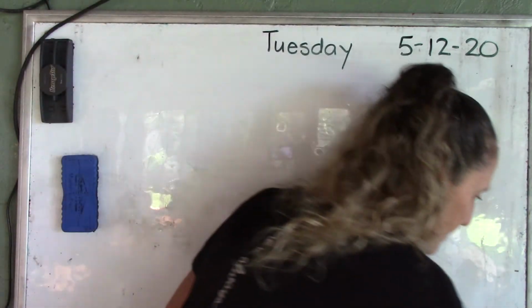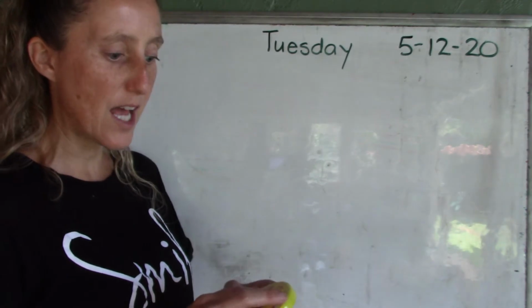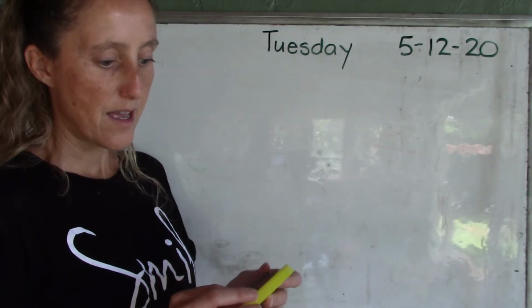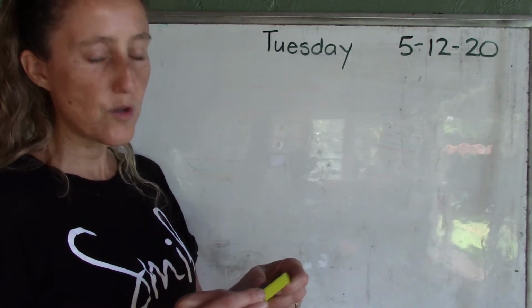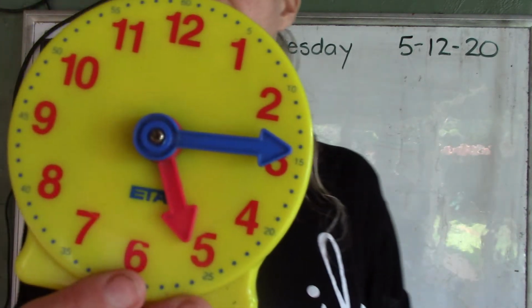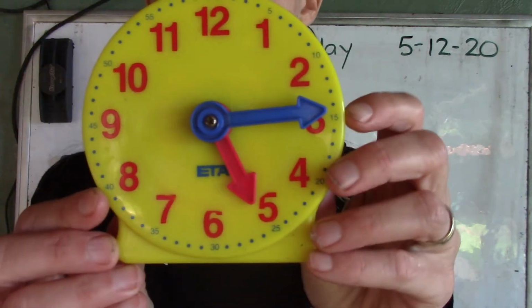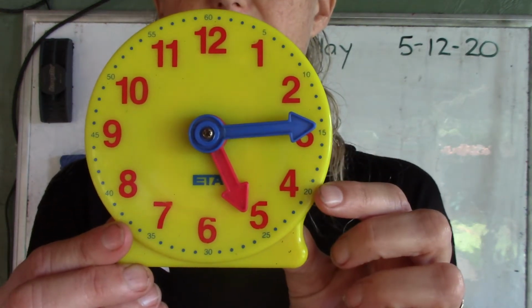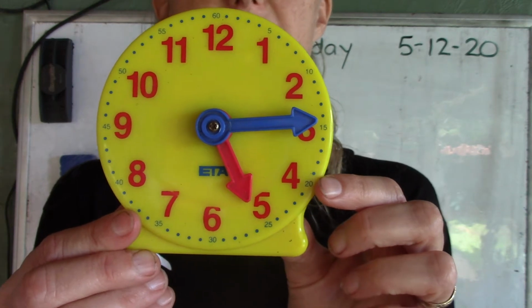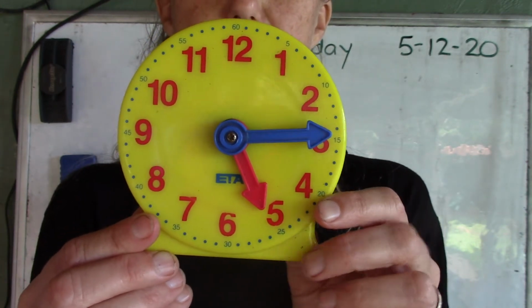On our clock, remember we were talking about a quarter past and a quarter to. So if we look at this clock right here, we see that the hour hand is between the 5 and the 6. It just barely left the 5, so we go back to the 5.